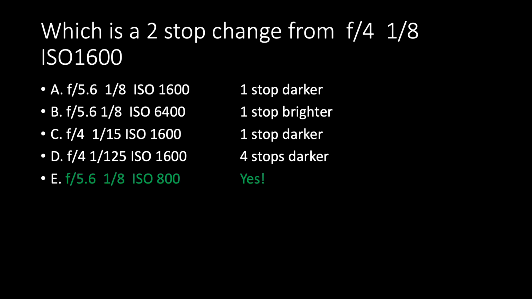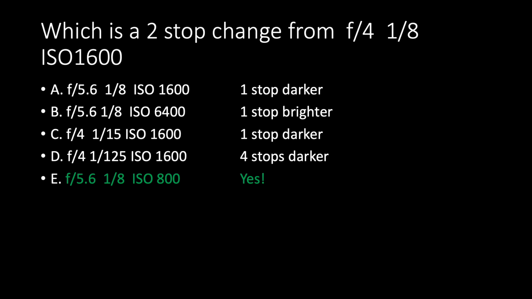So 1 stop darker on the f-stop, 2 stops brighter on the ISO, and our net change is 1 stop brighter. Looking at answer C, our f-stop stays the same. Our shutter speed goes from 1/8 to 1/15th, which is 1 stop darker, and our ISO stays the same. So our net change is 1 stop darker.